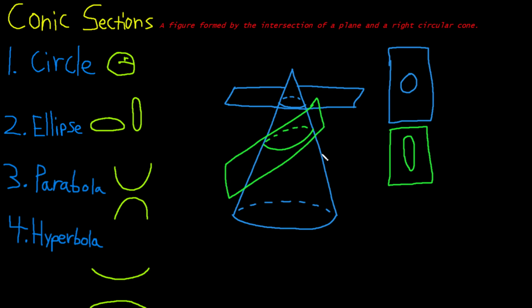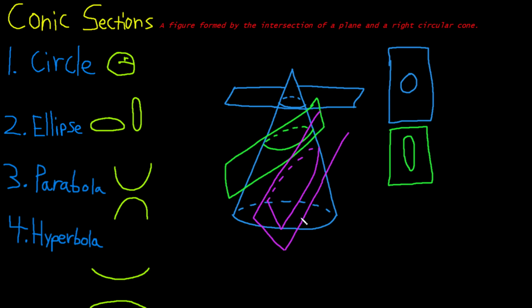Let's see how I can do this. Kind of like this. Yeah, kind of like that, and then imagine, it's like that, and we can draw our 3D cross-section plane.